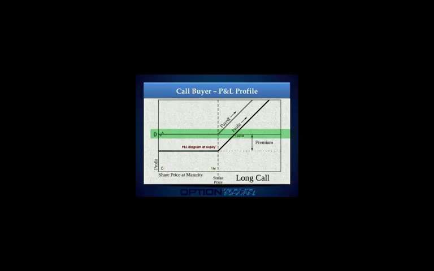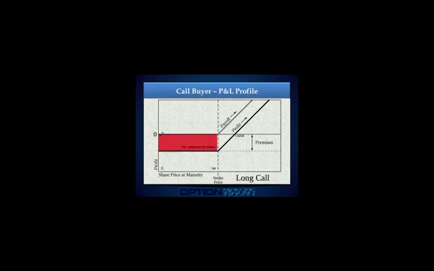The 0 line is the separator between profit and loss, and on every P&L diagram, even in the actual options trading platform, you will see the 0 line on the y-axis, and it separates your profit from your loss. Whenever your P&L diagram goes above the 0 line, you're going to see profits, and whenever your P&L diagram goes below the 0 line, you're going to see losses.